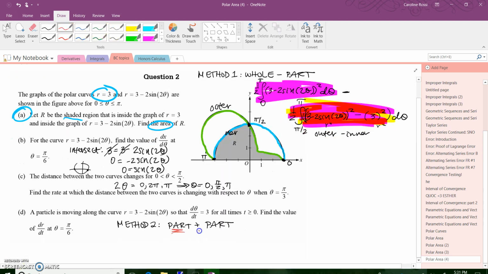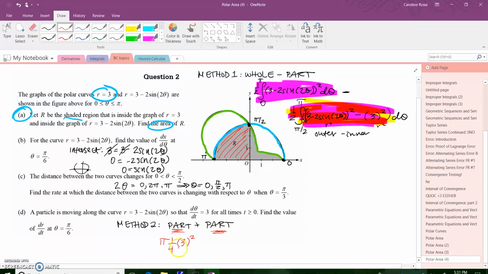Looking for a part plus another part. Let's look at our region R, and I want you to look at it closely and see, can you pick out an easy geometric shape that actually wouldn't involve any calculus? Hopefully when you look at it, you're noticing that part of R is this right here, which is a quarter of a circle. And that quarter of a circle has a radius of 3.